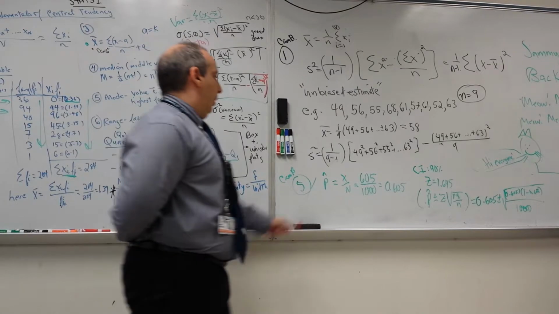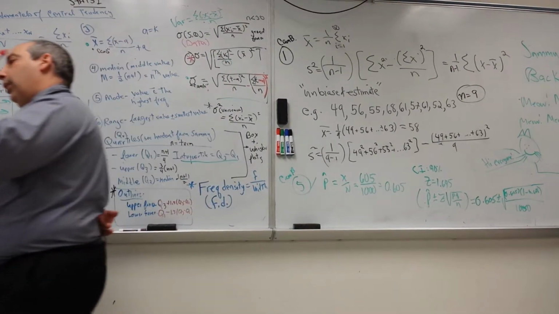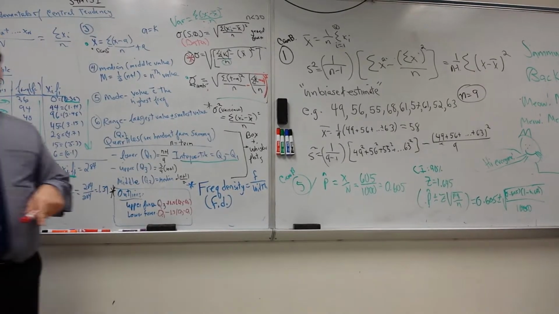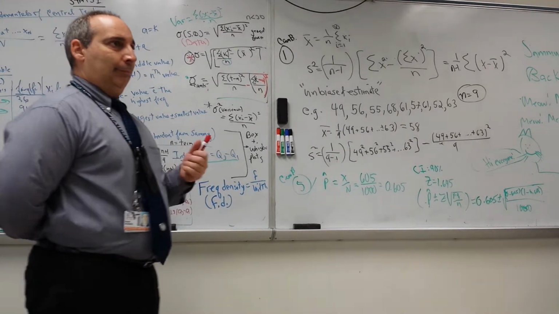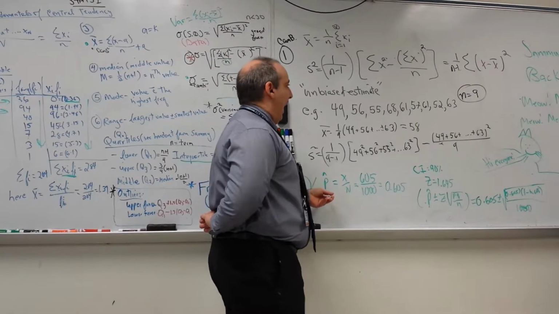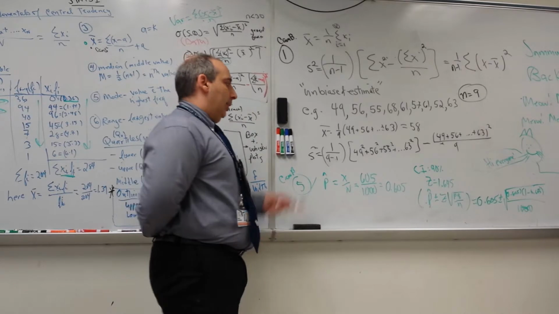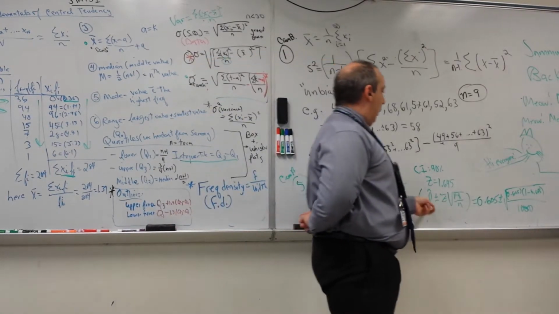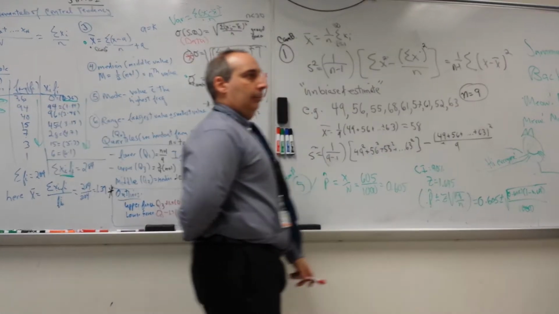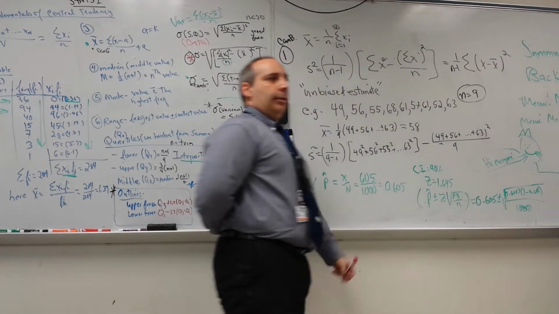Number 3, population proportion. Know how to calculate P, and know how to do the confidence interval for P. P hat, P bar. It borrows a little bit from binomial, PQ, win-lose, right?